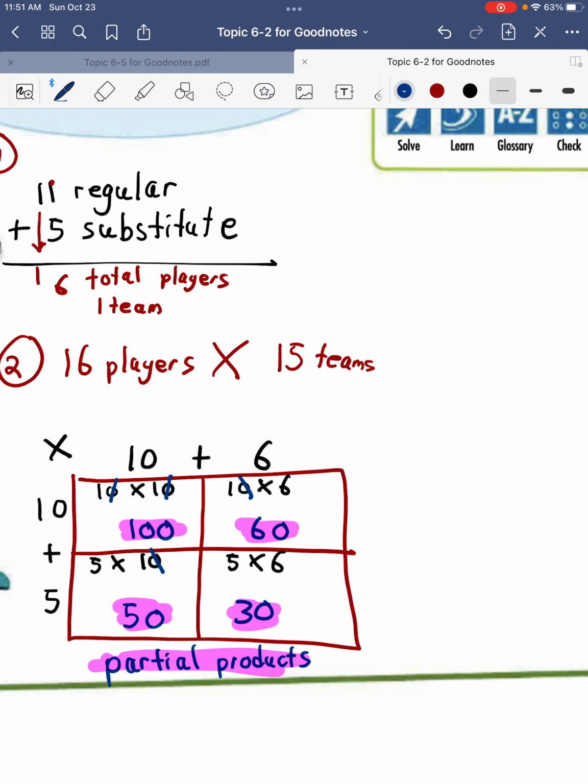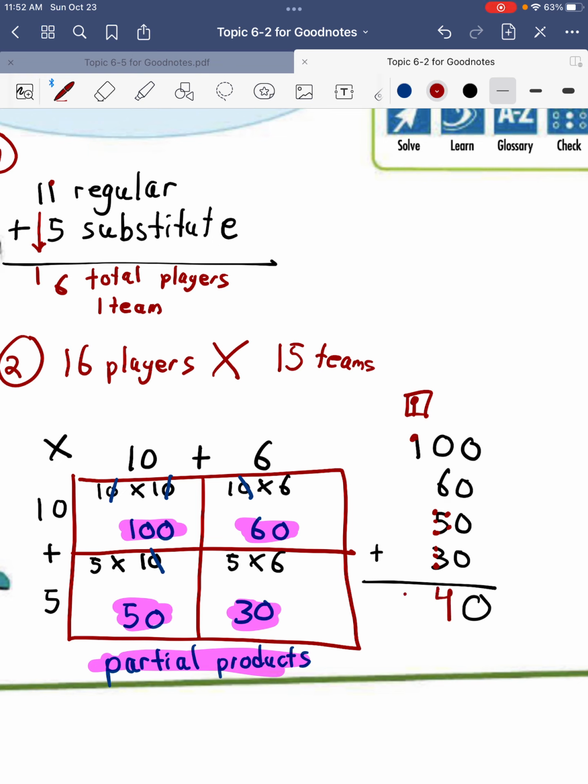The next step I do with my partial products is I add them all, starting with the biggest number. So I have 100, 60, 50, and 30. And I add 0 plus 0 plus 0 plus 0 is 0. 6, 7, 8, 9, 10, 11, 12, 13, 14. Carry my 1, drop my 4, 1, 2.